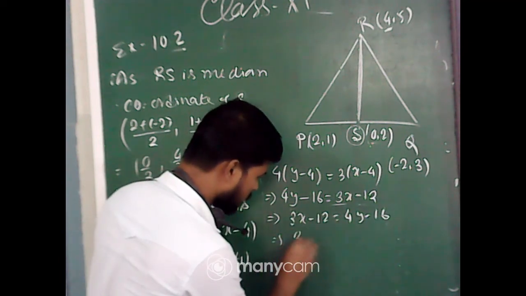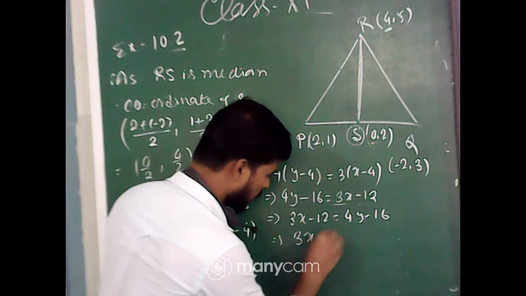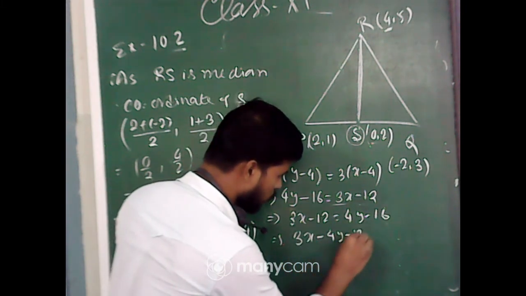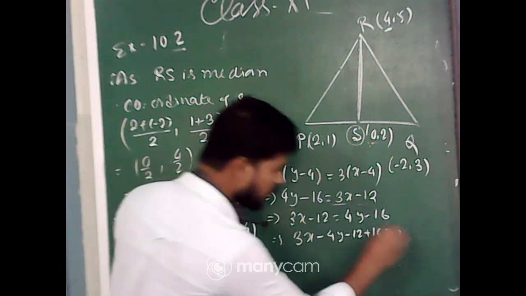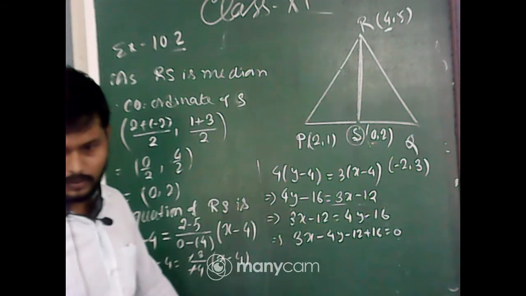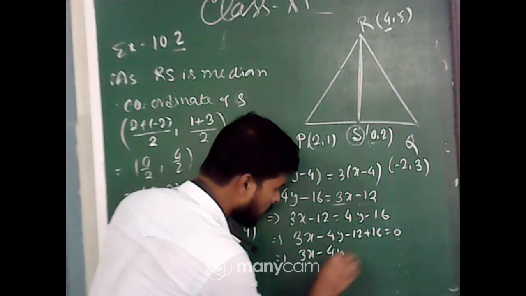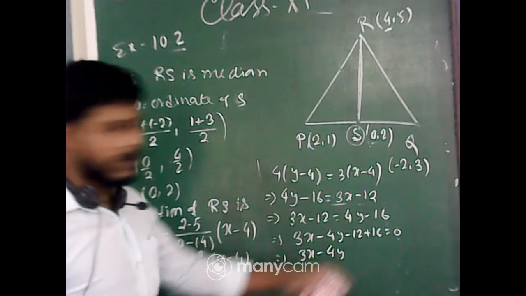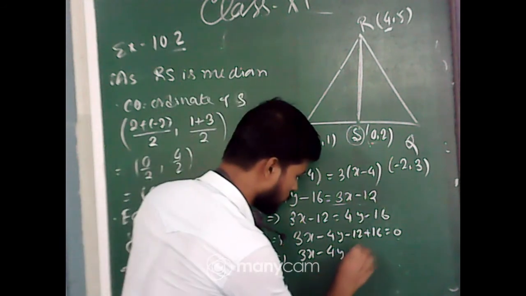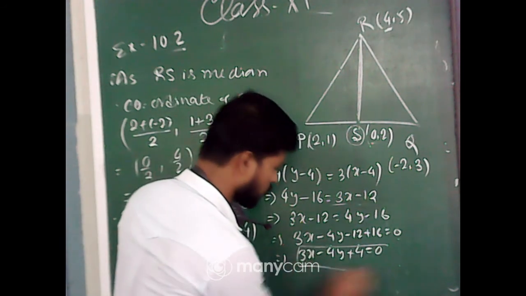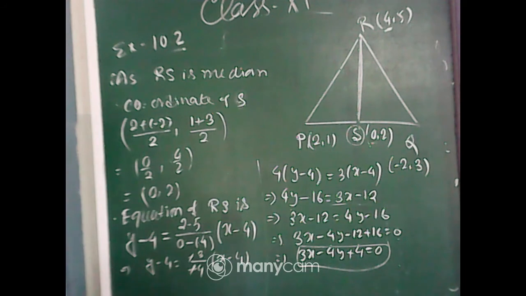That means 3x minus 4y minus 12 plus 16 is equal to 0. That means 3x minus 4y, and 16 minus 12 is equal to plus 4, is equal to 0. So this is the equation of the line, not 8. Yes or no problem? Okay. So this question is completed.